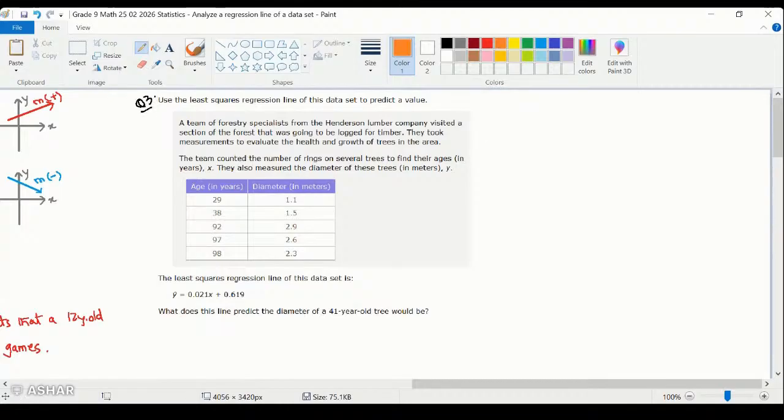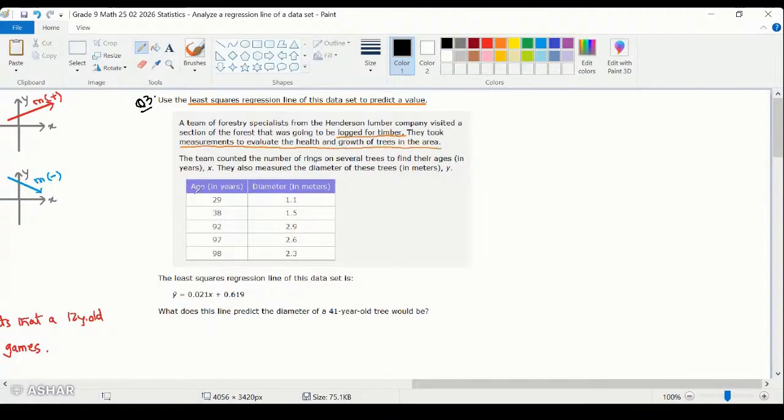Just telling us to use the least square regression line to predict the values. A team of forestry specialists from the Henderson Lumber Company visited a section of the forest that was going to be logged for timber. They took measurements to evaluate the health and growth of the trees in the area.